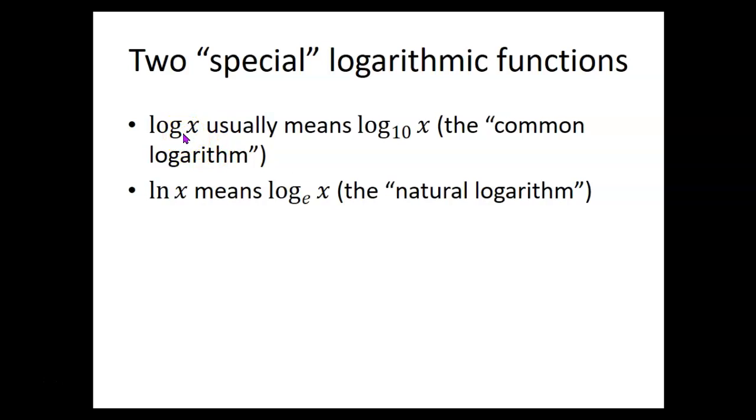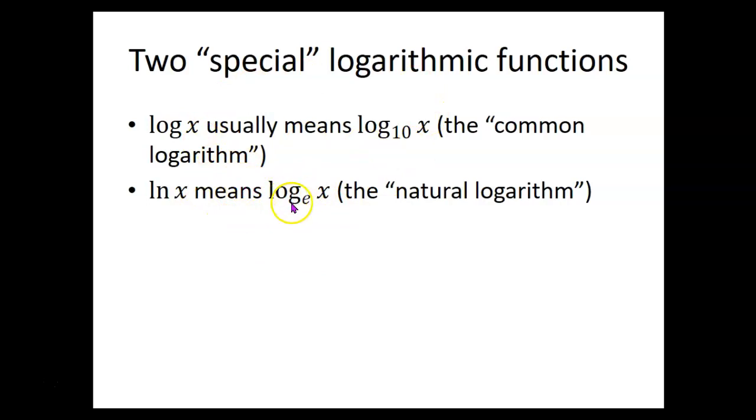I say usually because sometimes in higher math, it's used to mean a natural logarithm, but probably for natural logarithms, you'll only ever see it written as ln. So that's the other special logarithmic function. When you use the number e, remember we talked about that last time, e is that number 2.71828 and so on.